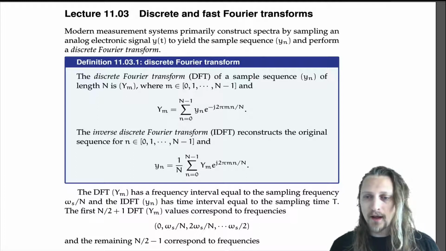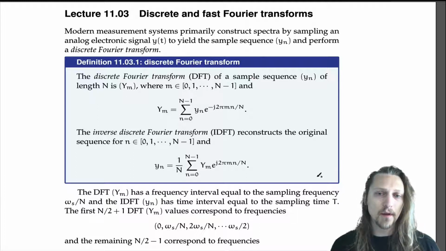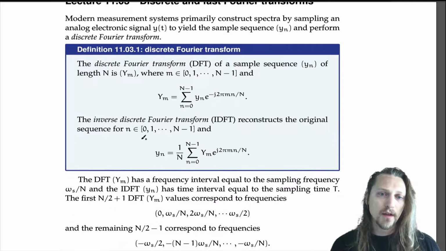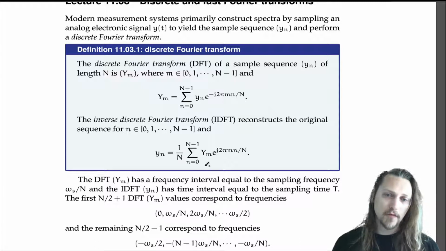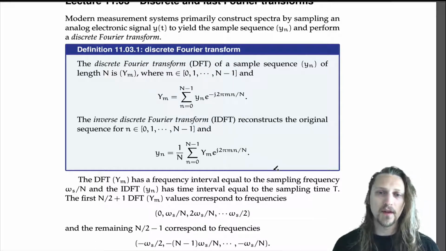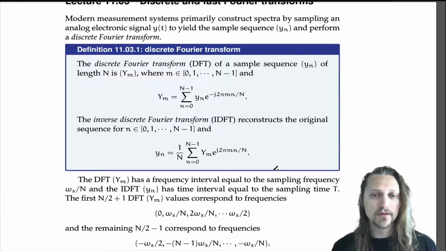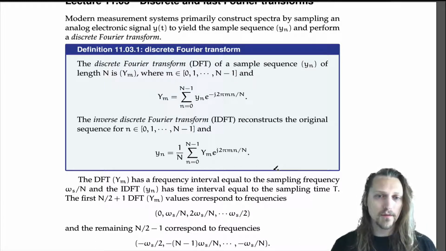Then we also have an inverse discrete Fourier transform, which reconstructs the original sequence for these N. So y_n is another sum where we sum up the transformed samples with this complex exponential, and we get out the inverse discrete Fourier transform.